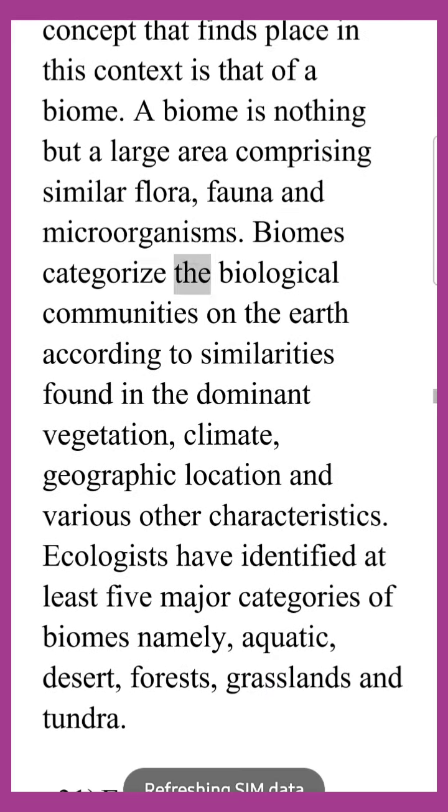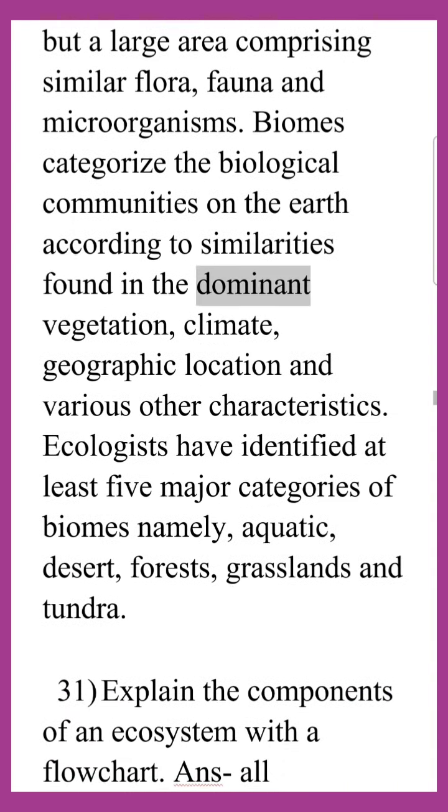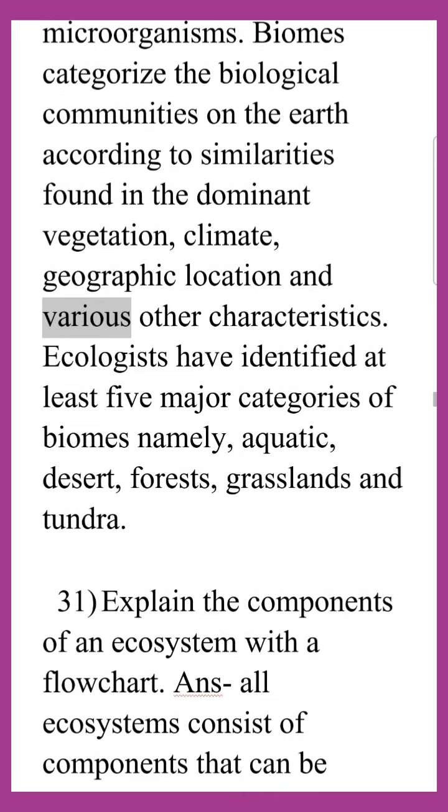Biomes categorize the biological communities on the Earth according to similarities found in the dominant vegetation, climate, geographic location, and various other characteristics. Ecologists have identified at least 5 major categories of biomes, namely aquatic, desert, forests, grasslands, and tundra.